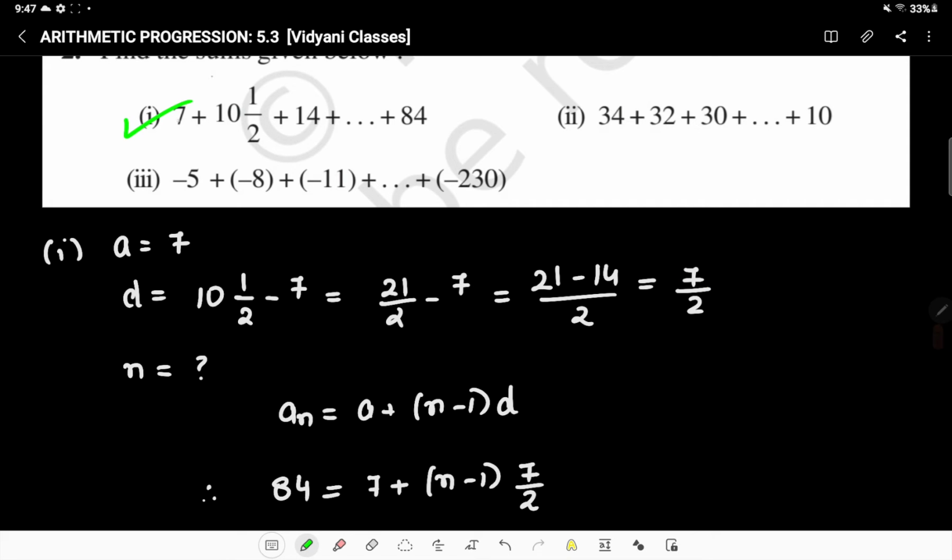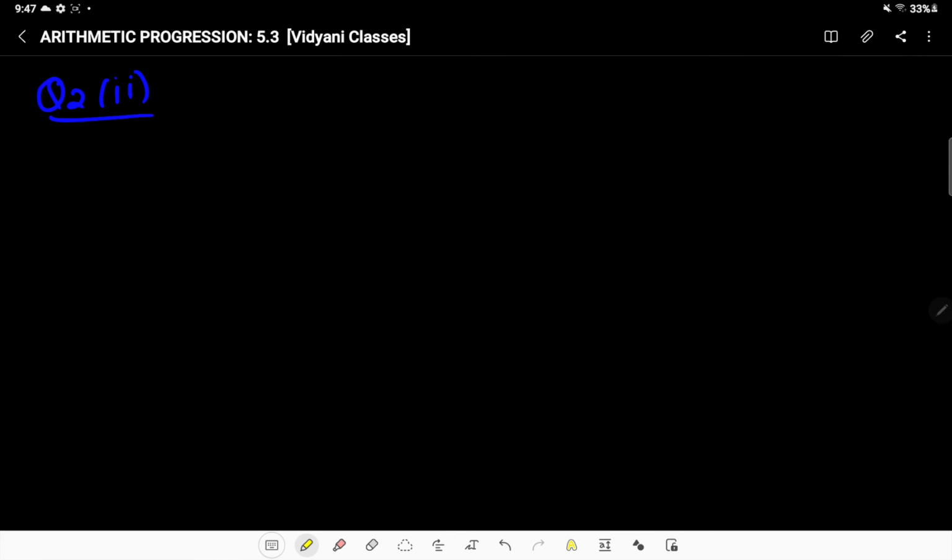So we have done the first one. Now let us solve the next one. Here the value of a is given as 34. Value of d is 32 minus 34, that comes out to be negative 2. And the last term, or you can write l, is given as 10.